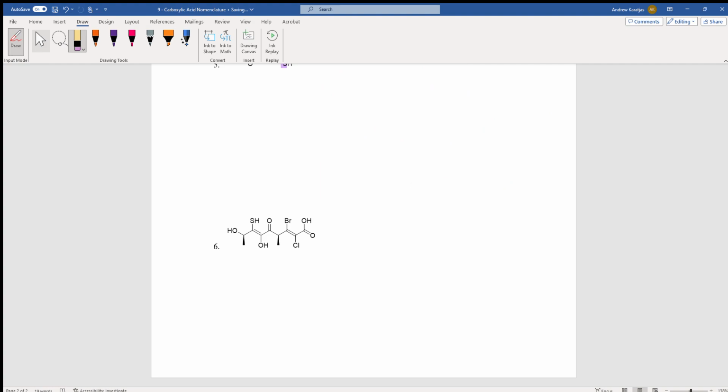But again, what we should find to be the most straightforward part of this is that carboxylic acid carbon is carbon 1. And so we have here a 9-carbon chain.